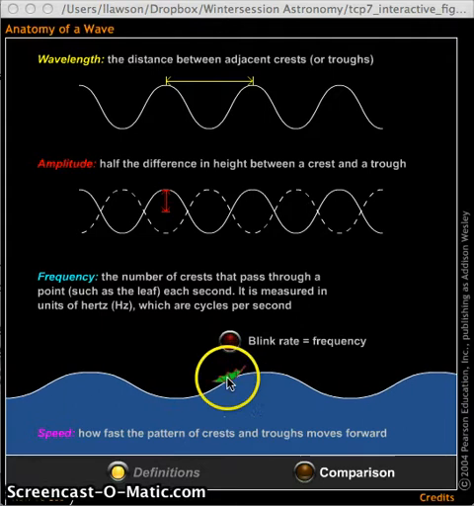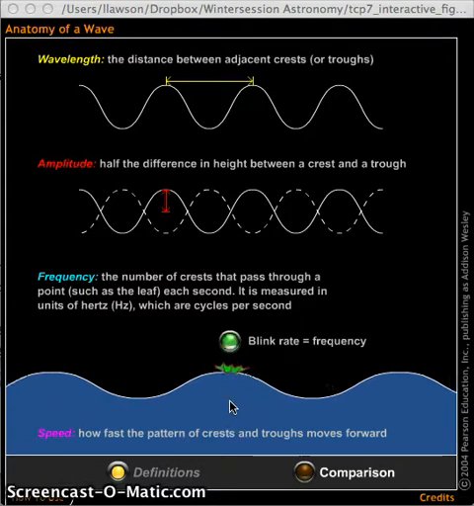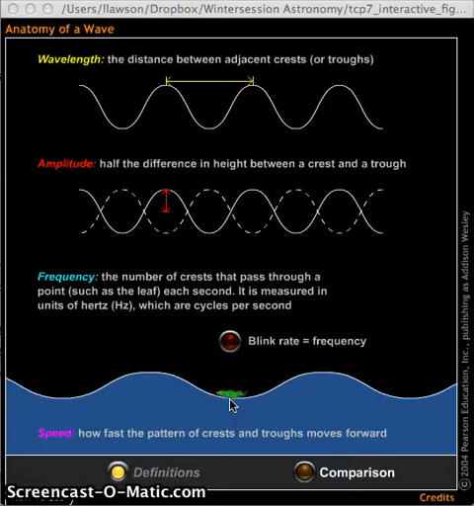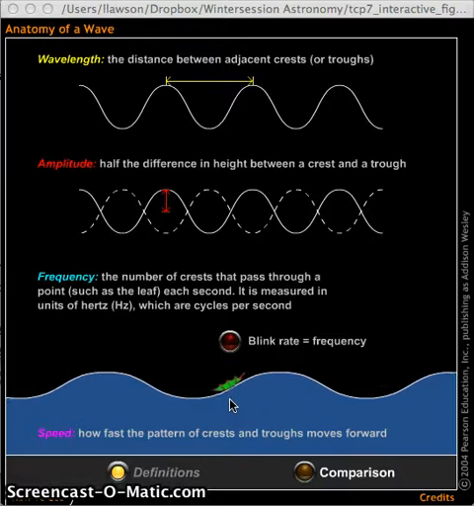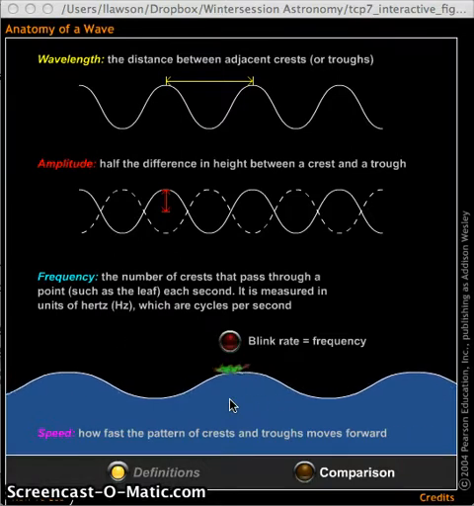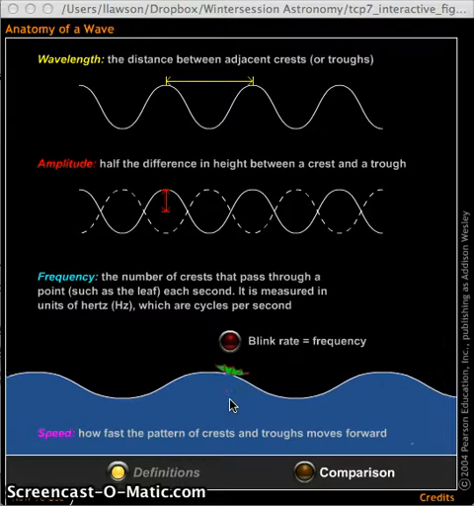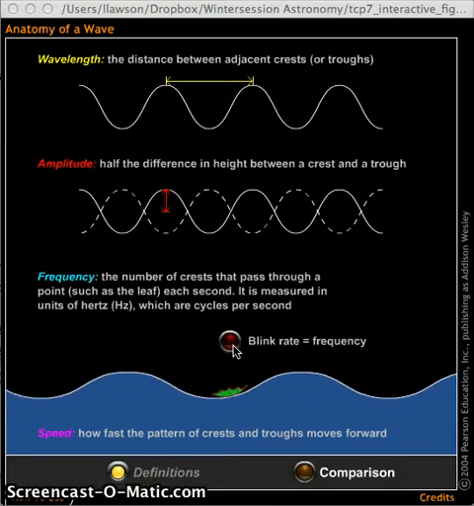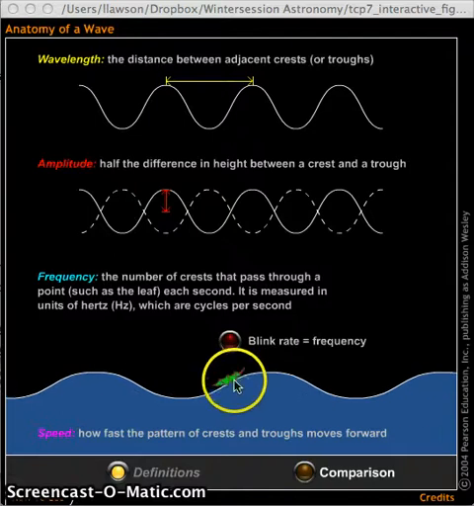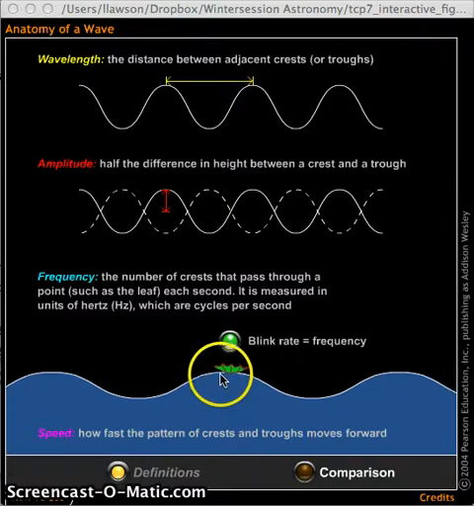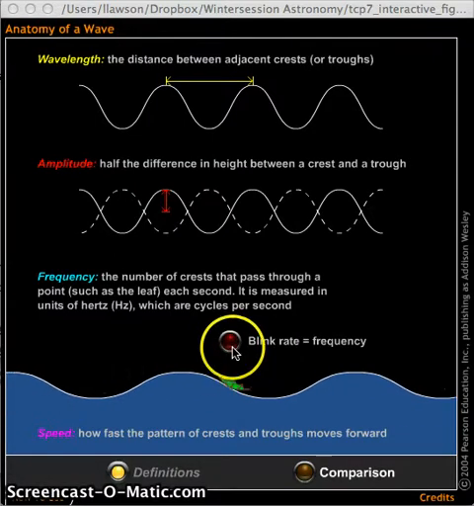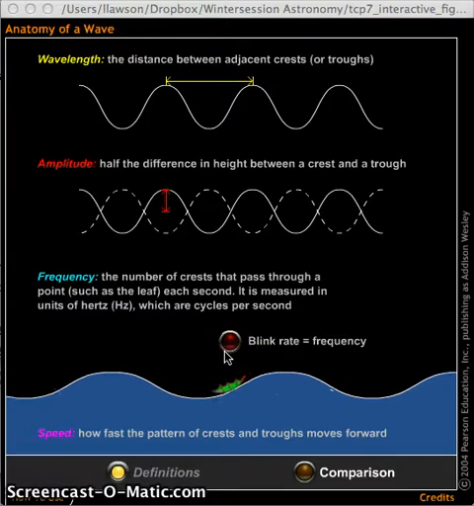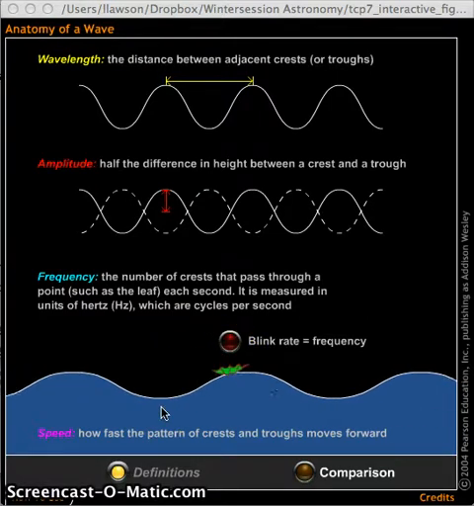And we're using this leaf to show us the frequency, because the frequency is essentially the number of waves that pass us as we stand motionless in a unit of time. Every time this light blinks, a complete wave has passed our location. Notice that every time this leaf gets to a high point, this blinks. So the frequency, again, is the number of waves that pass a particular point per second.